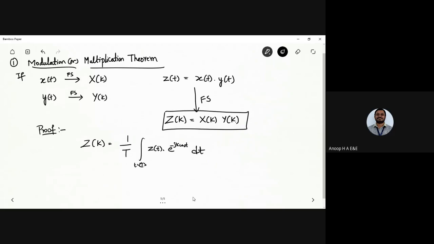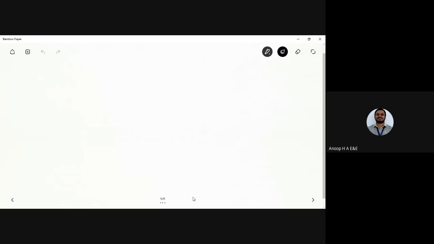Now z of t is x of t into y of t, so let me replace it here: 1 divided by T, integral over the period, x of t into y of t, into e power minus j k omega naught t dt. That is what you are going to do there.